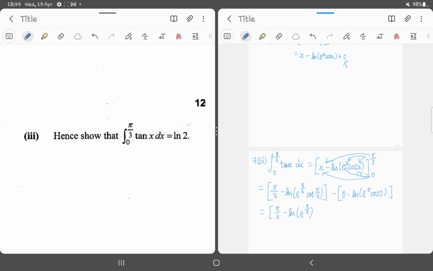So this is e to the power of pi over 3 over 2. Then we close it with a square bracket, and then minus, and then plus ln of e to the power of 0 is 1, cosine 0 is 1, so this is ln 1.